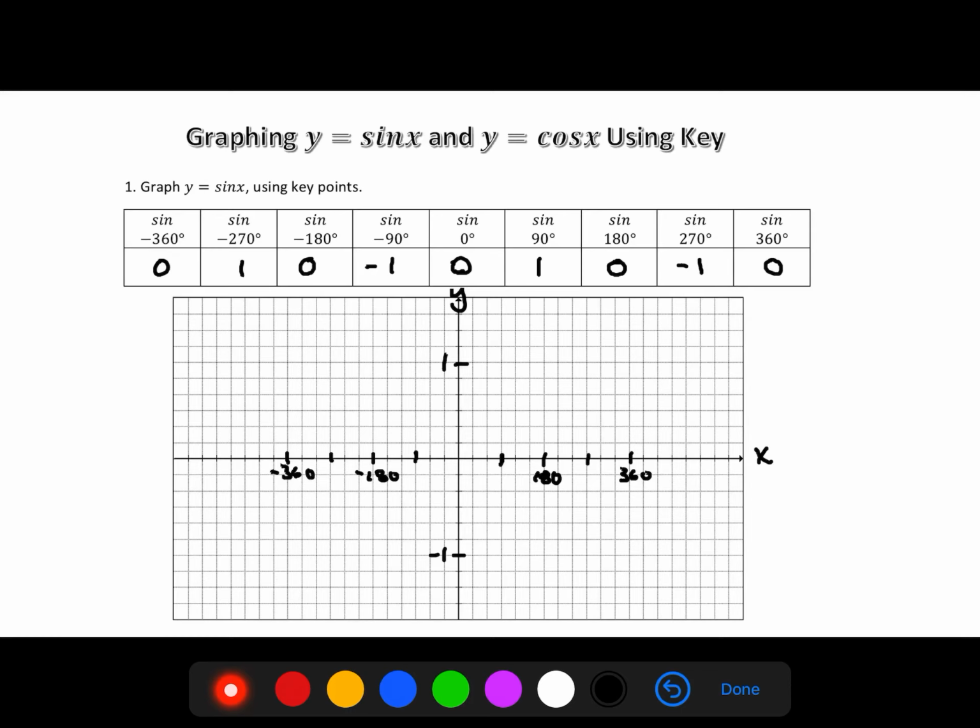To start with, 0, 0; 90 and 1; 180 and 0; 270 and -1; and 360 and 0. And following the same pattern the opposite way, we have our key points.